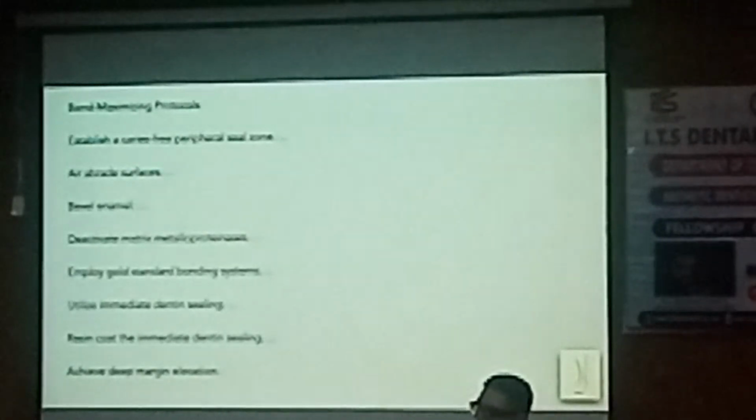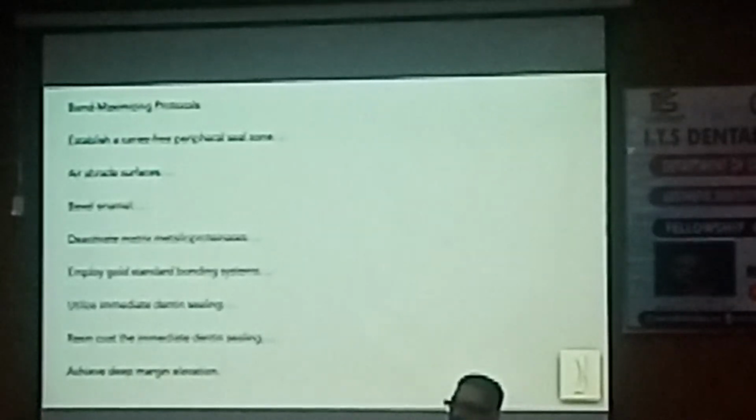Then they realized that when bonding goes inside this collagen, collagen degrades after some time. And then when it degrades, what happens to the bonding? So right now, all your bonding systems are targeting hydroxyapatite. They are not targeting the collagen.